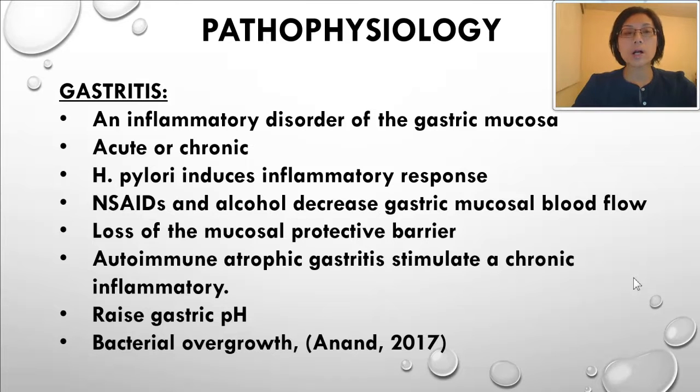Those are the main reasons for the loss of mucosal protective area. Those substances inhibit prostaglandin, which is the main substance that suppresses inflammation and stimulates secretion of mucus. If we lose that function, it will raise the gastric pH level and cause overgrowth of bacteria.